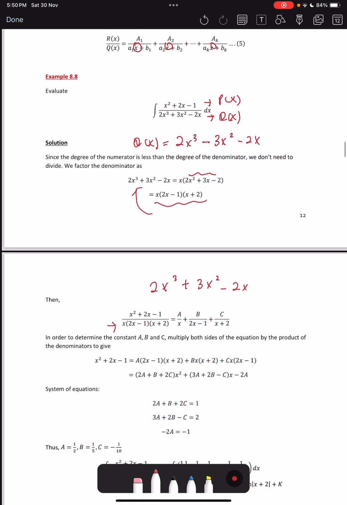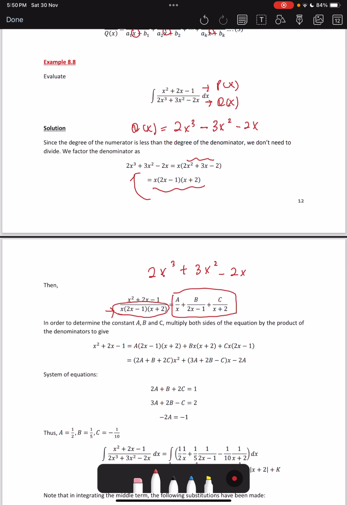Now we make the left and right sides the same. So here I want to make it like this, so you need to multiply in all here. So A multiplied with (2x minus 1)(x plus 2), plus B, I need to multiply with x and (x plus 2), and then plus C, I need to multiply with x and (2x minus 1), and all divided by x(2x minus 1)(x plus 2).